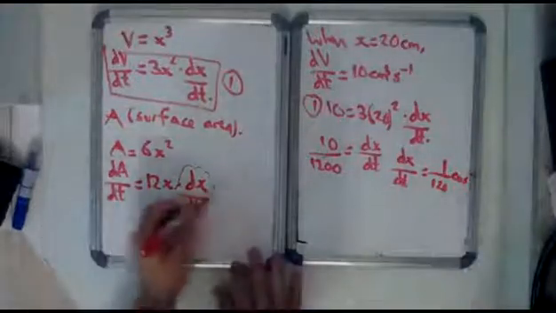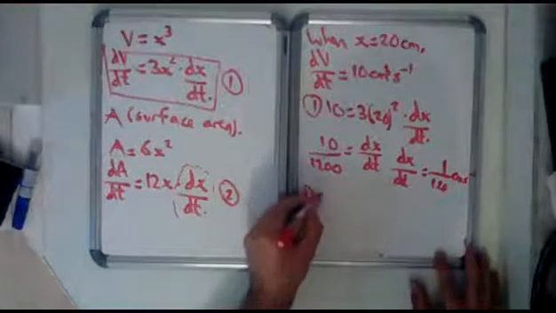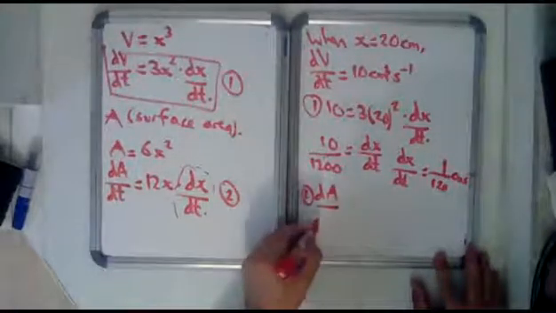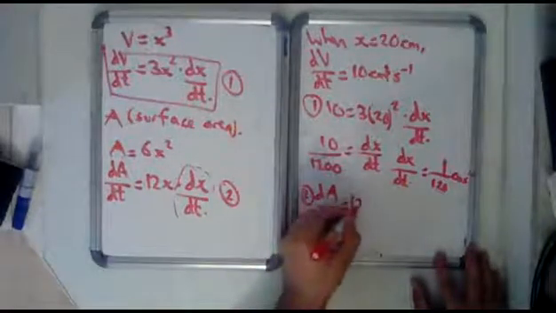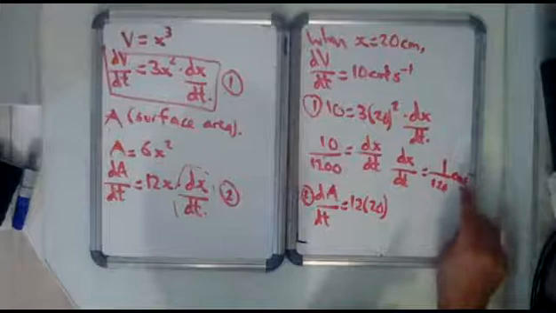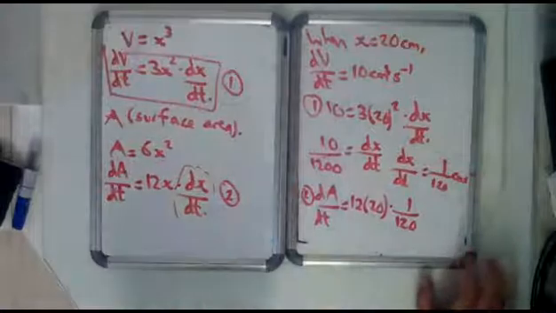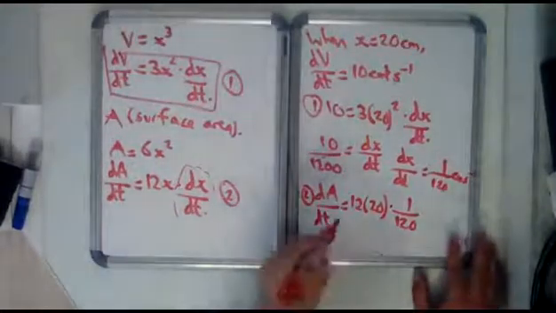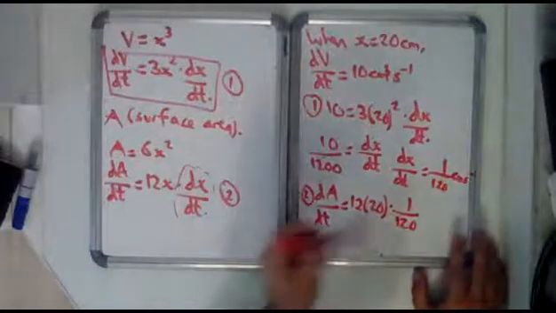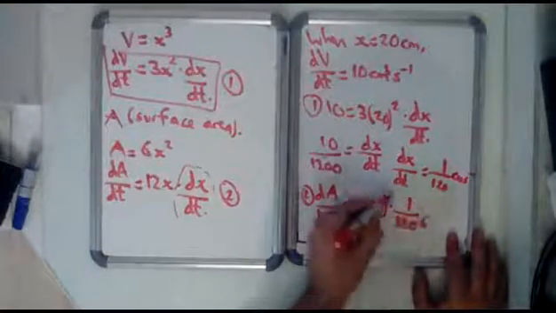So if we call this equation 2, dA by dt, remember we're only interested at the instant when x equals 20, equals 12x, so 12 times 20, times dx by dt, which is 1 over 120. That's not too bad, because 20 divided by 120 is 1 over 6.